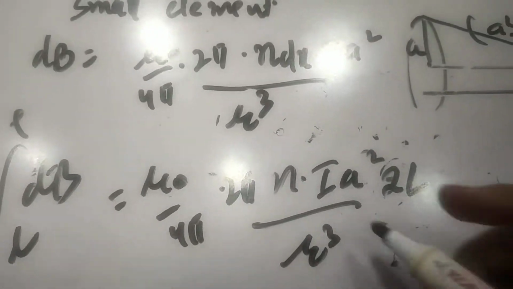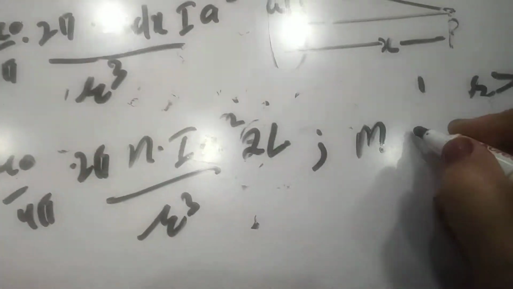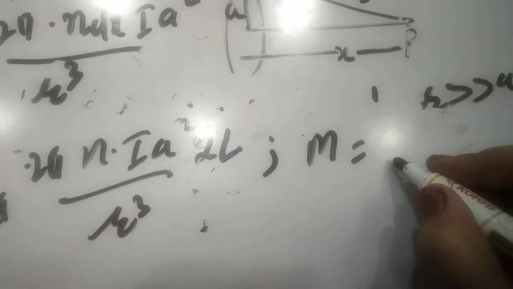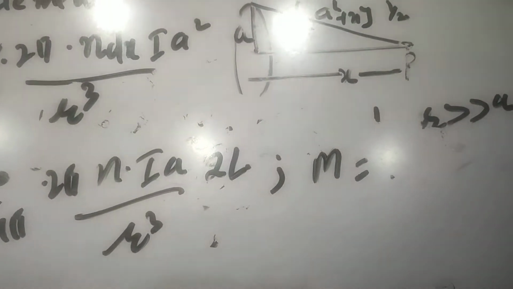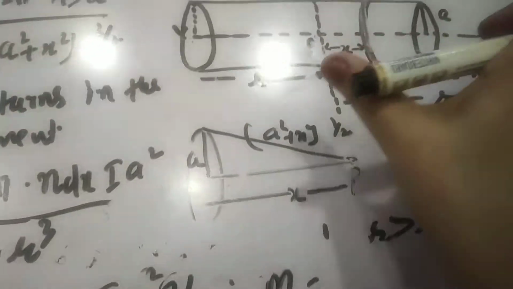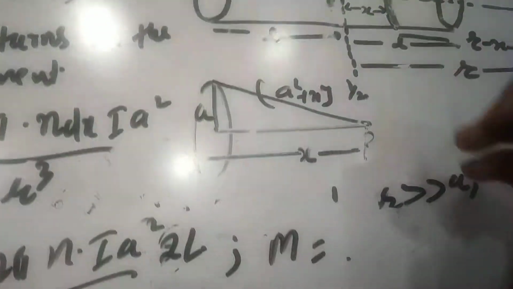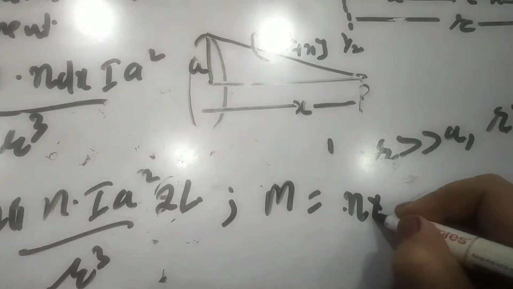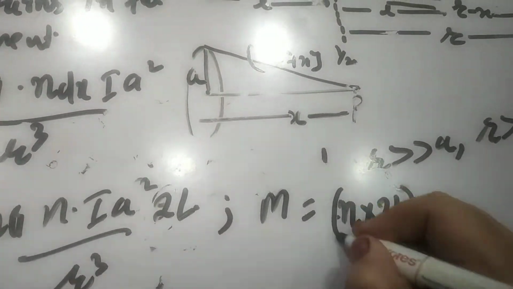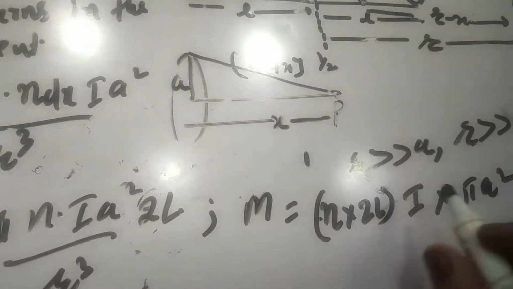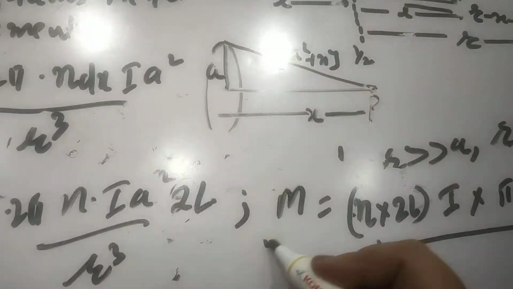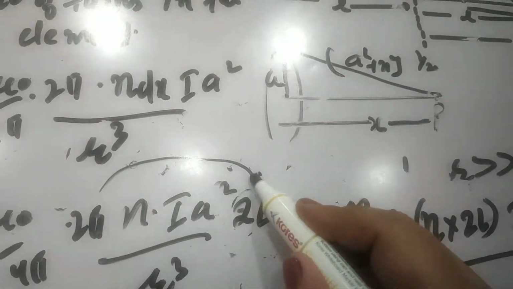Now writing in a simpler form, we know that magnetic moment M is given by number of turns times current times area. The number of turns per unit length is n, and the number of turns for the whole 2L length is n into 2L, the current is I, and the area is pi a square.